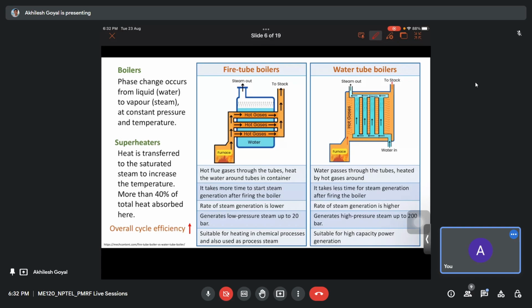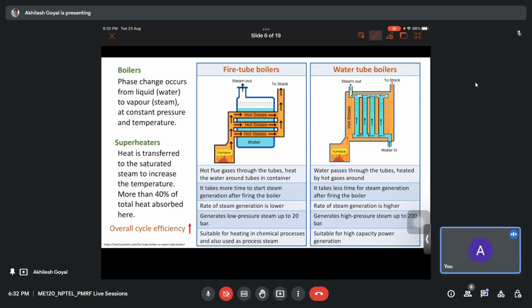Now, what are the types of boilers? Based on the working principle, boilers are mainly of two types: fire tube boilers and water tube boilers. As the name suggests, in fire tube boilers the hot gases coming from the combustion of fuel flow through the tubes, and the surrounding water gets heated and steam comes out.